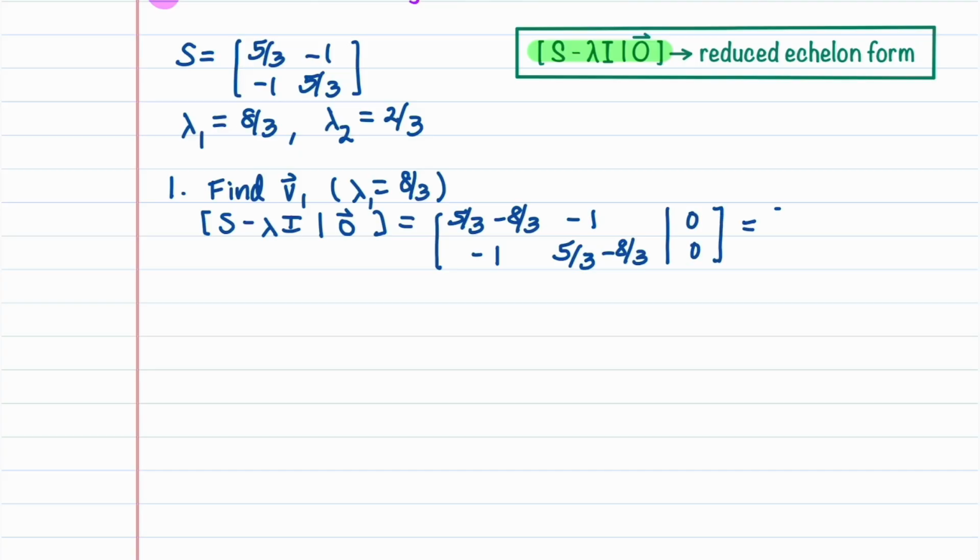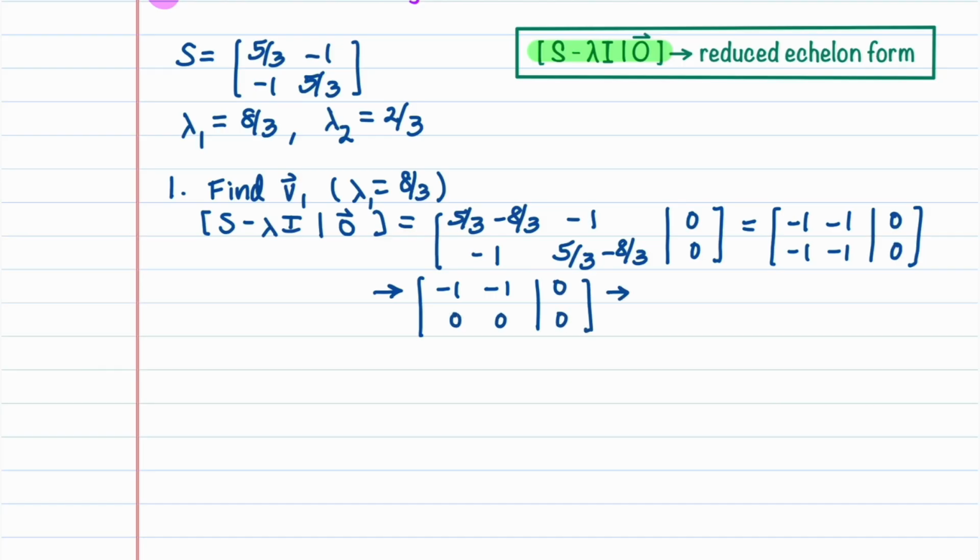This is then equal to, oh, this is nice, [−1, −1; −1, −1] augmented with 0. Now we go ahead and reduce this to reduced echelon form. We could almost just do this in one step, but I'll go ahead and take 2 steps. Our rows are duplicates, so our second row is going to just become 0. And then we can multiply our top row by −1.